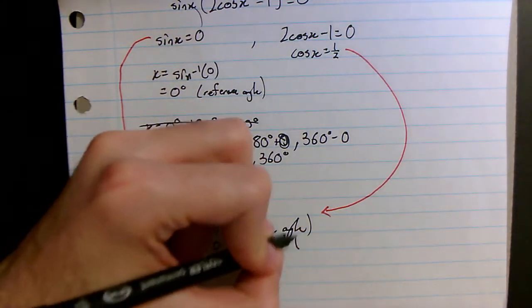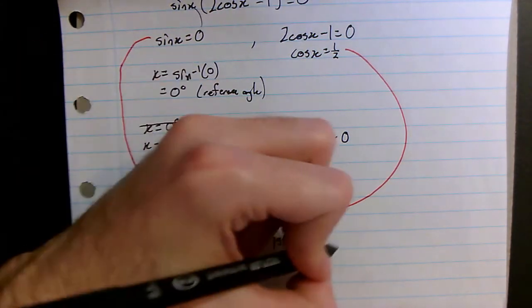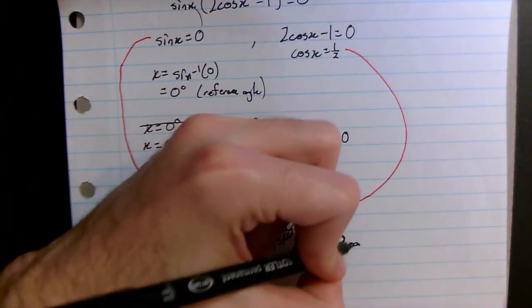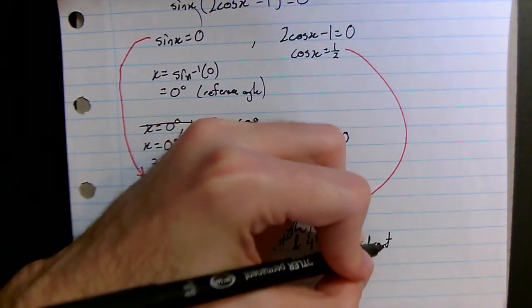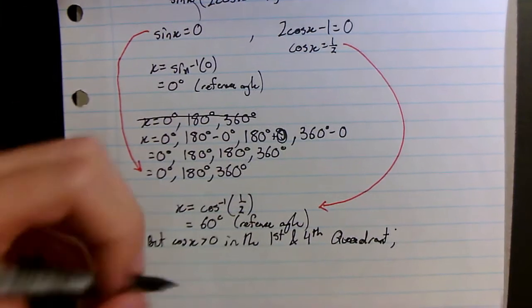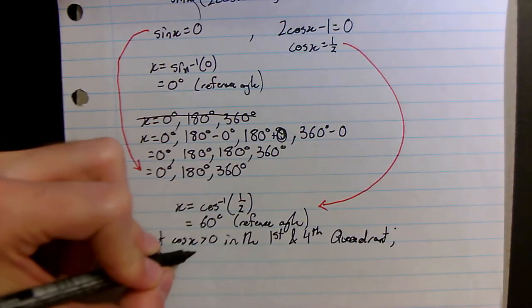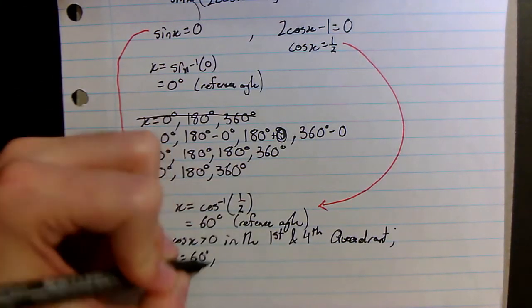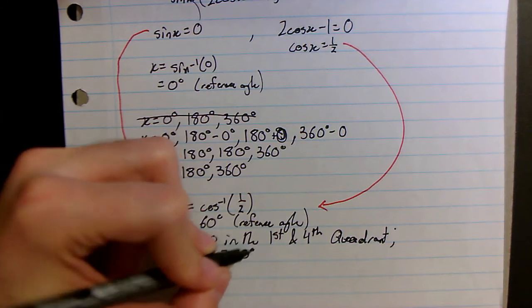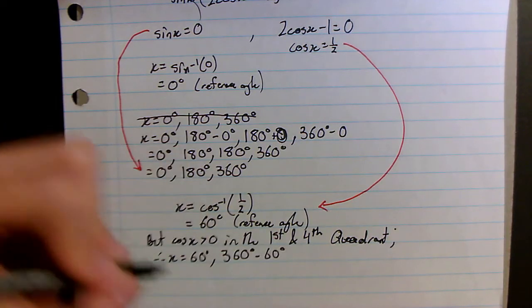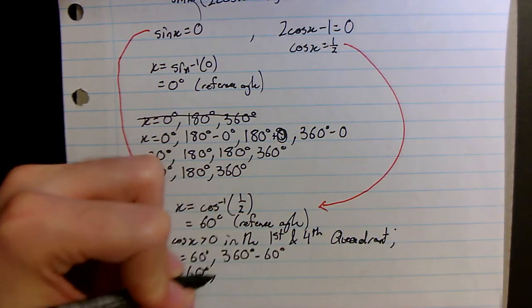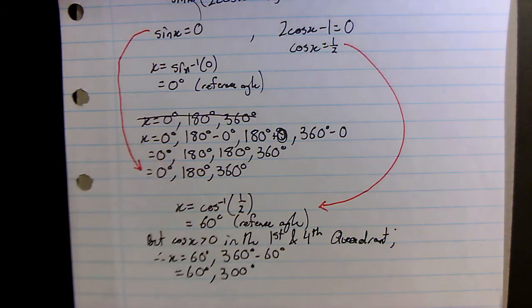And that's the first and fourth quadrant. And then we do the same routine. Therefore, x is equal to 60 degrees for the first quadrant, and for the fourth quadrant, it's 360 degrees minus theta, which is minus 60. And that gets us 60 degrees and 300 degrees.